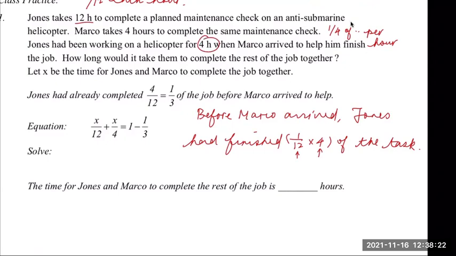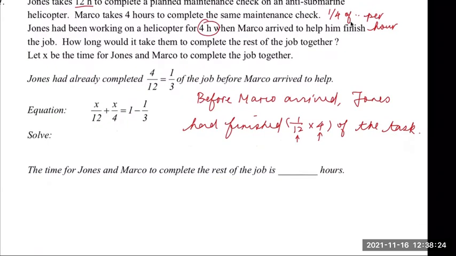And that means before Marco arrived, Jones had finished 1/3 of the task. And that means by the time Marco arrived, they will only need to do 2/3 of the task left.